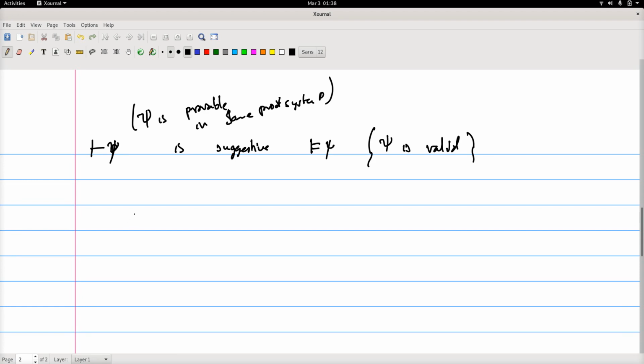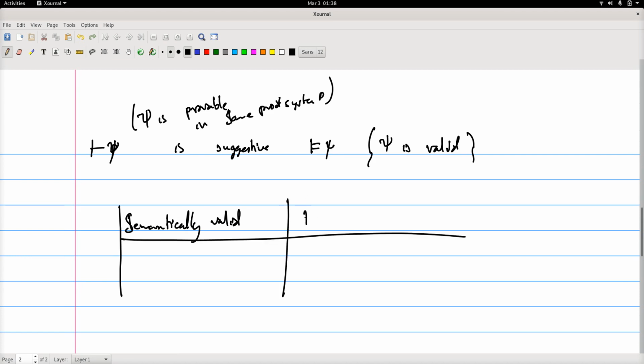Here is semantically valid, and here is provable. The notation here says that C is true and valid, and here we have this.